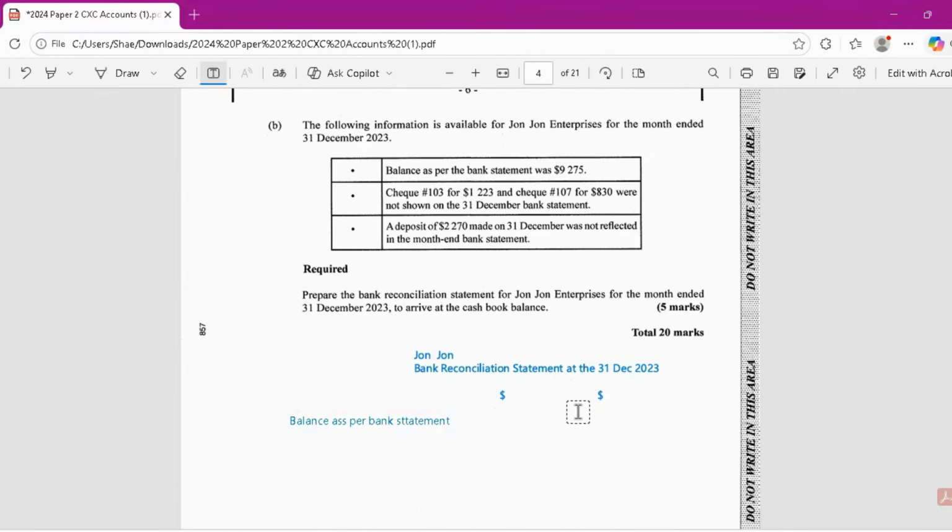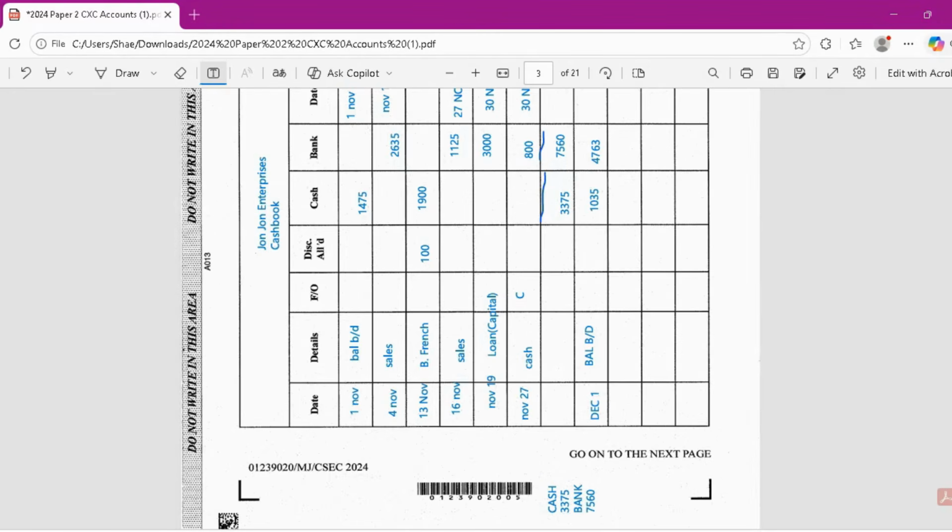Was $9,275. Right? However, we need to arrive back to our cash book balance, which was $4,763.